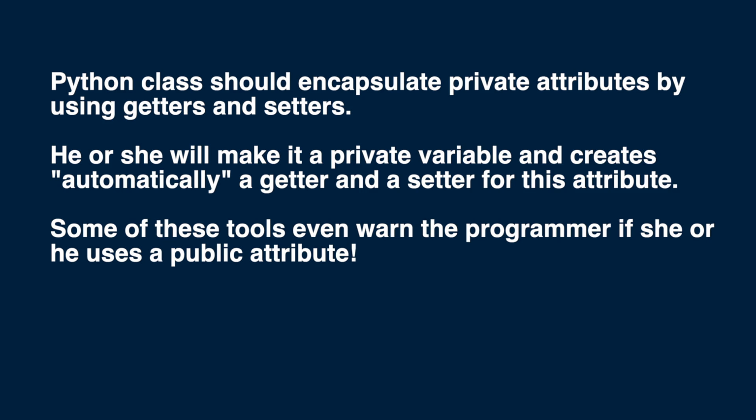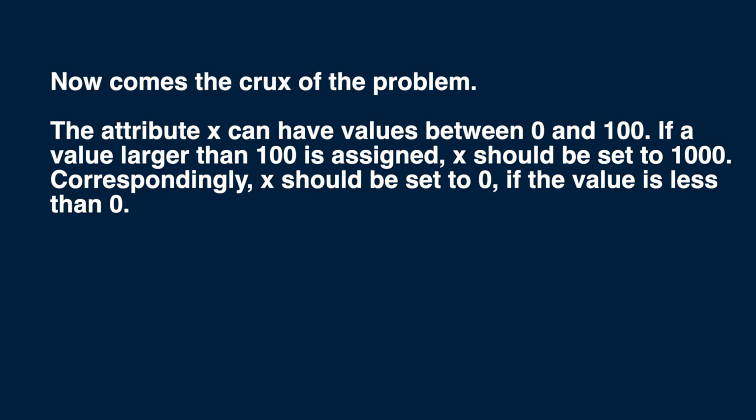Some programmers may even use an editor or an integrated development environment, called IDE, which automatically creates a getter and setter for all private attributes. Some of these tools even warn the programmer if he or she uses a public attribute. This certainly does upset Java programmers, since the Python style is to introduce attributes and make them public.